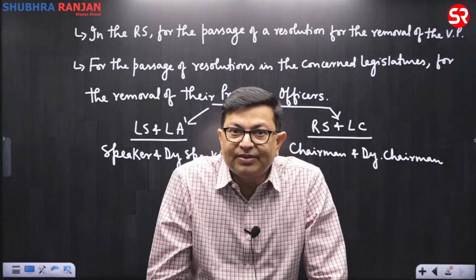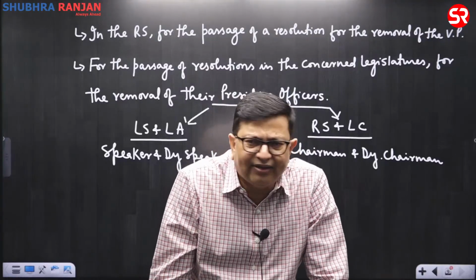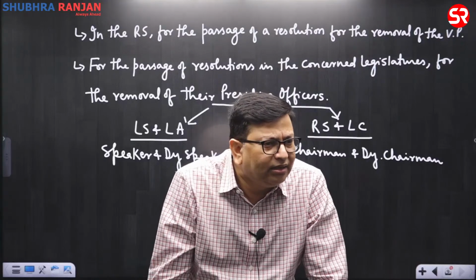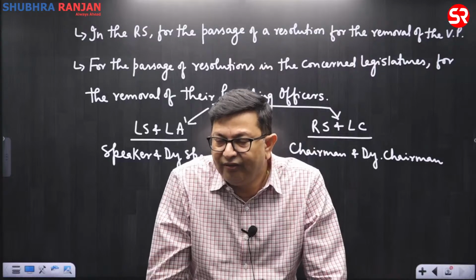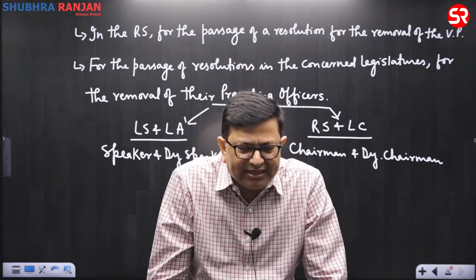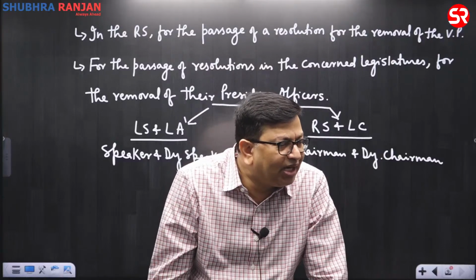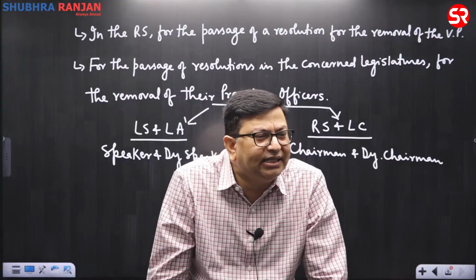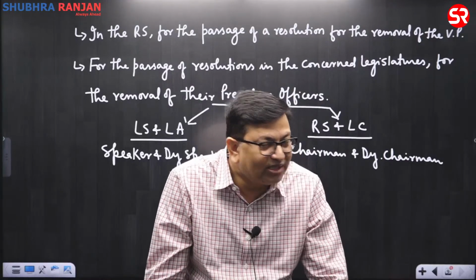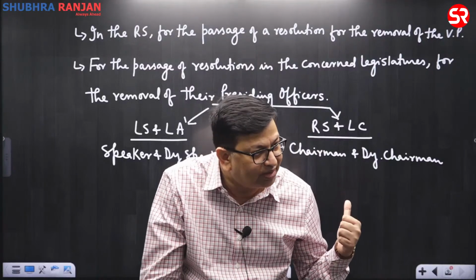If the speaker or deputy speaker of any of the other assemblies has to be removed, this majority will be required in that state assembly. For example, in the month of February this year, 2024, a resolution was passed to remove the speaker of the Bihar Legislative Assembly, and it was passed by this majority, that is the effective majority of the house.